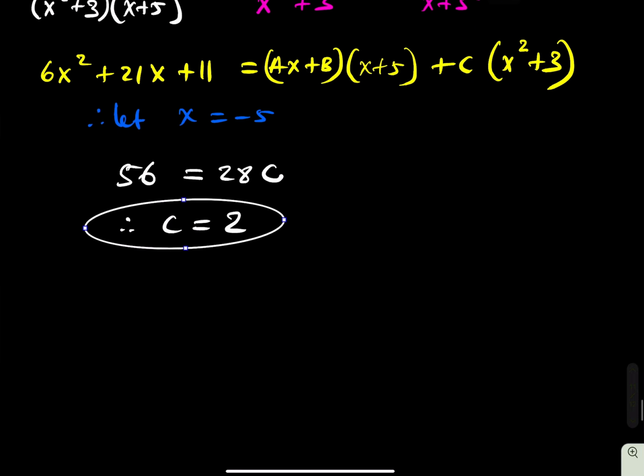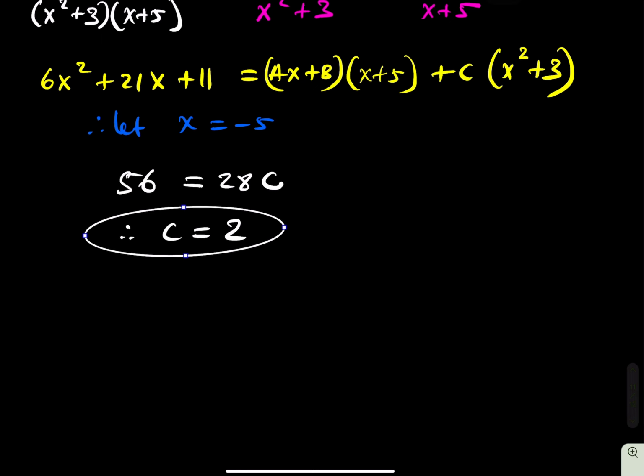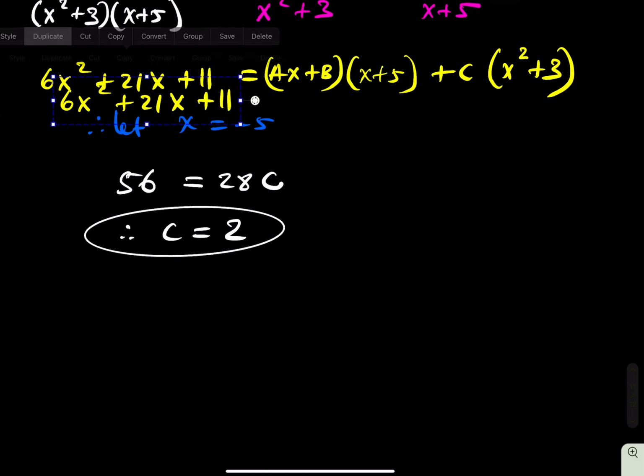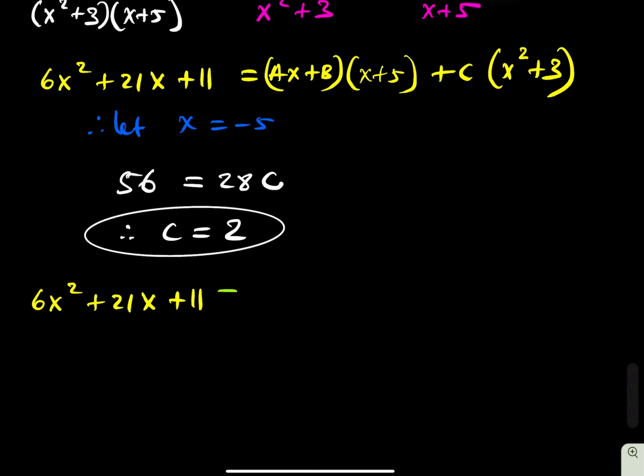And now I may need to expand that. Let's copy this right there, and we expand this situation. We are going to get ax squared plus 5ax plus bx plus 5b, and then plus cx squared plus 3c.